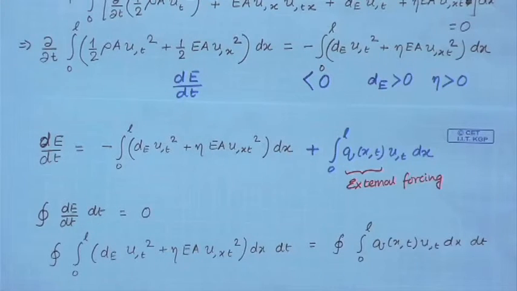For example, you can estimate the damping. Suppose you give a harmonic input and you record the amount of energy that you are supplying over one period, then you know how much energy is being dissipated. So, you calculate this term and that will give you an estimate of energy dissipated by the damping mechanism in the system.